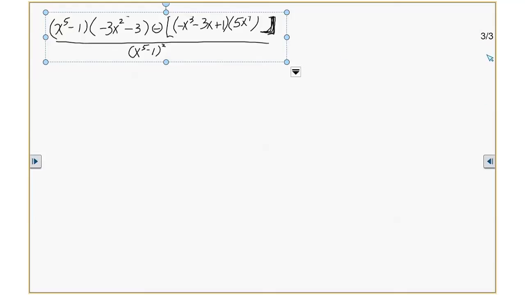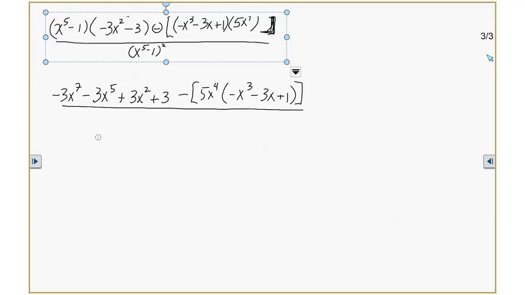Alright, so gotta use our FOIL method here, and that's gonna give us negative 3x to the 7th minus 3x to the 5th plus 3x squared plus 3, y'all check me, and then minus brackets 5x to the 4th times negative x to the 3rd minus 3x plus 1, all over x to the 5th minus 1 quantity squared.